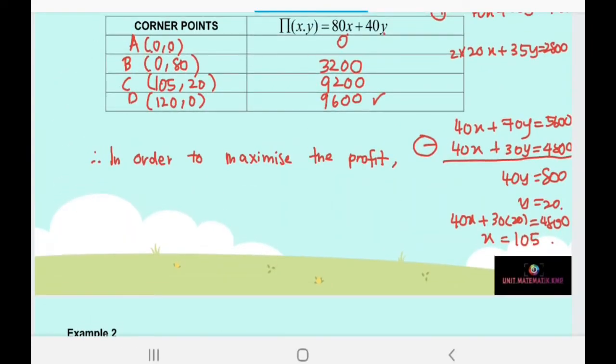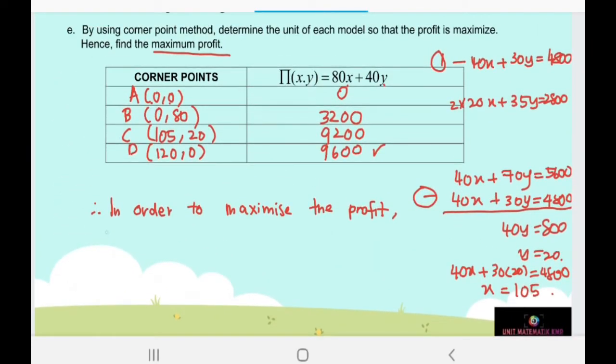So in order to maximize the profit, the factory should produce how much? This is X and this is Y. So 120 units of X model.